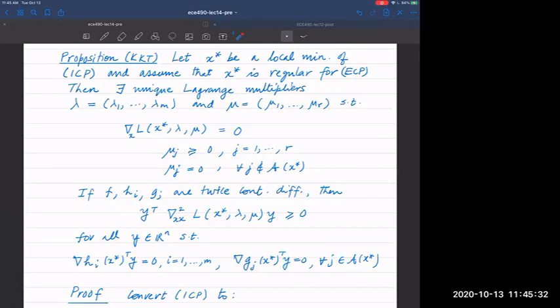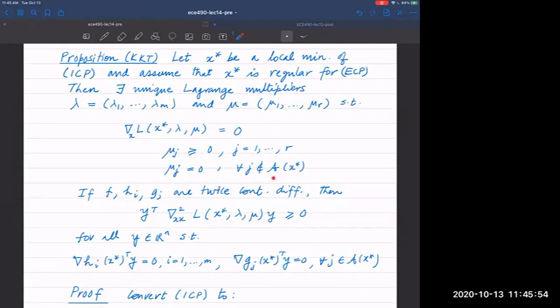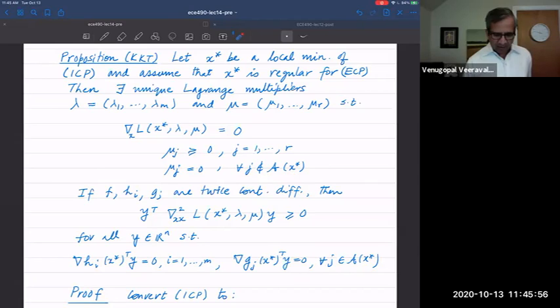Oh, by the way, for the mu j equal to 0 when that belongs to the active set, will that collide with the above line? Basically, will there be any conflict with the second line, like mu j? No, because we are allowing for 0, right? In the mu j being non-negative. So all the inactive ones will be 0.